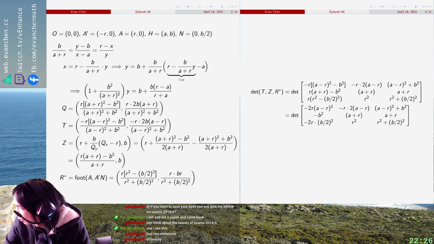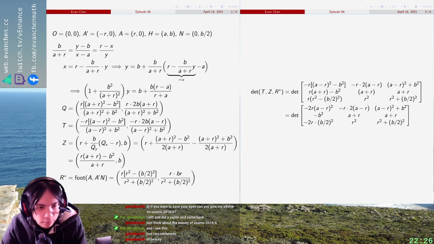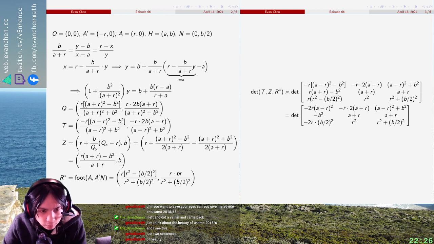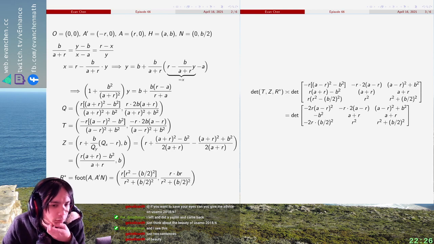Okay, and now we can subtract this one from this one, right? Zero. So a squared minus 2ar plus r squared.